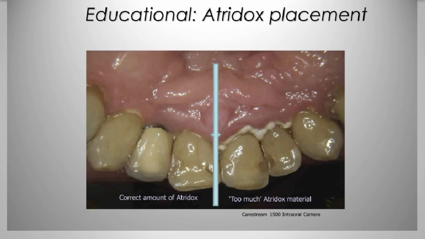Well, in this case, I was training the hygienist how to use Atridox. And ironically, although you would say this is a pretty good job, there's not that much Atridox coming out of the gum tissue here. But in reality, you really should have it tucked underneath the gingival margin. So this side is showing too much Atridox material. And then I used my intraoral camera educationally to show the hygienist when she actually placed the Atridox correctly on this other side.